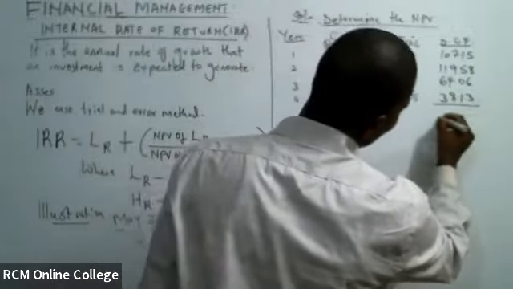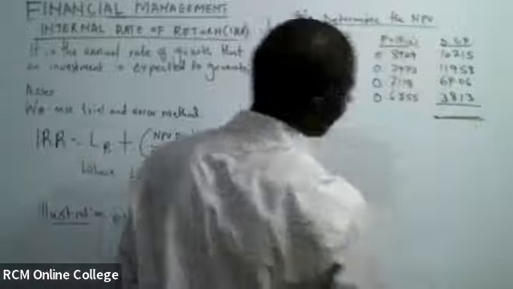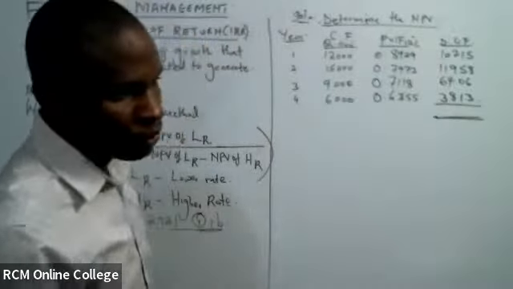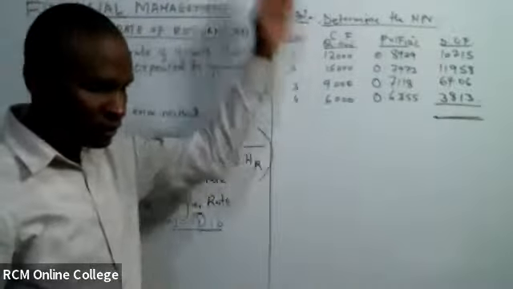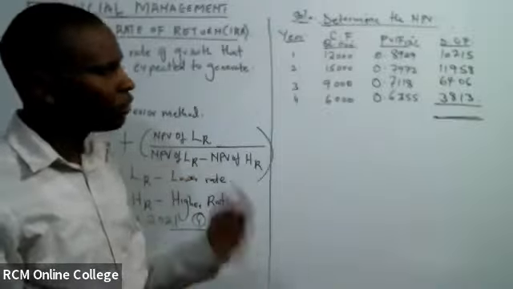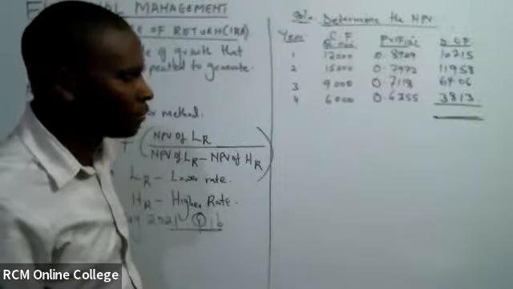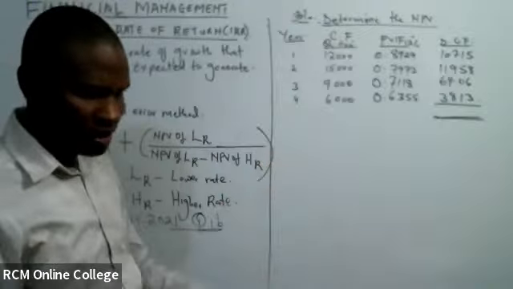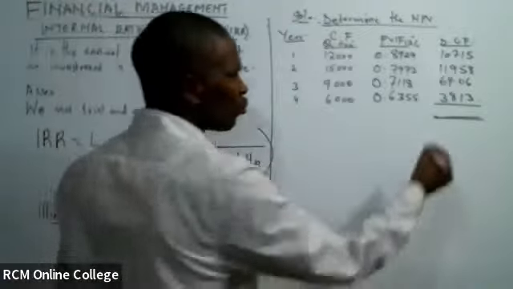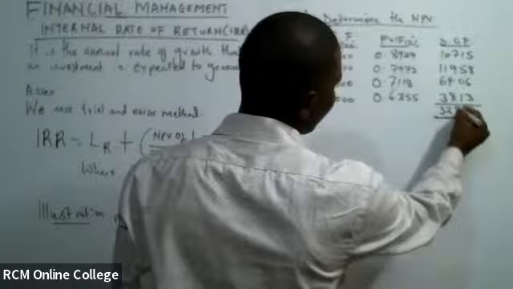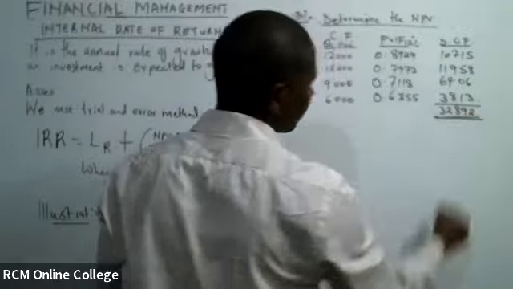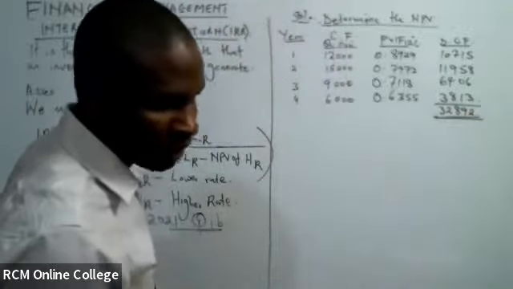Let's see who will be the first one to give us the total present value. Speed is the key. 32,893. 32,892. Hey, that speed is amazing.